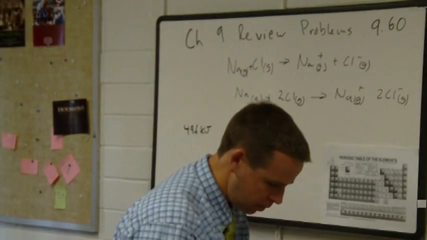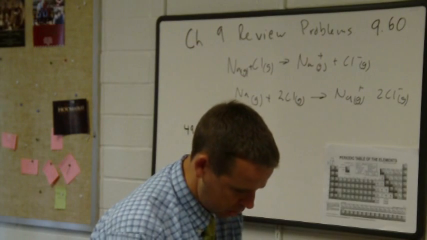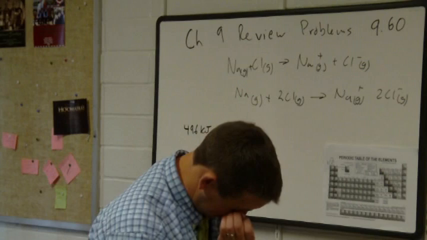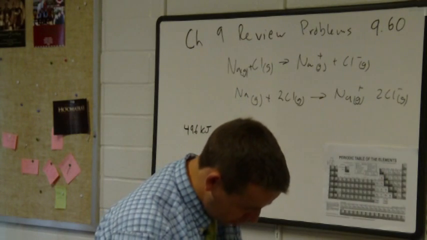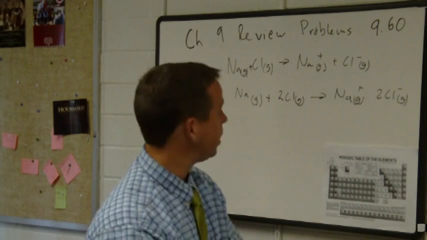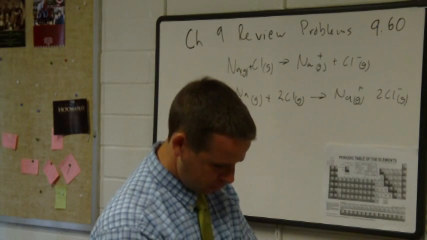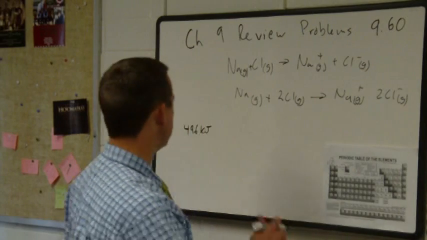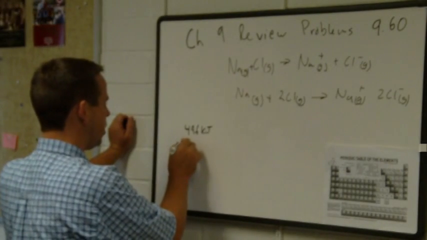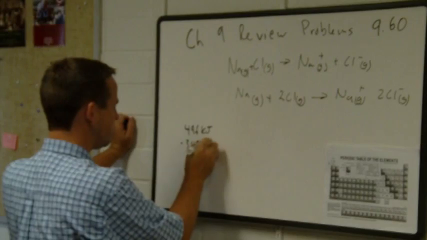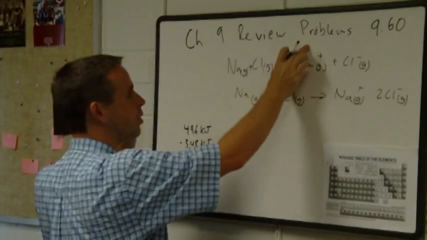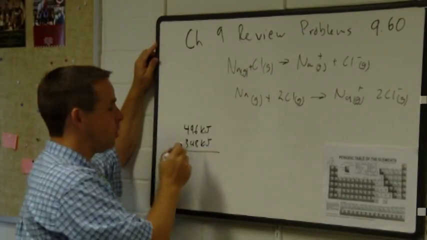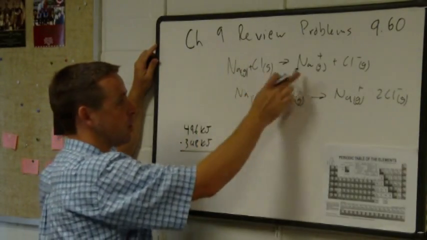For the chloride ion, that's going to be on page 348. If we give it an electron, we receive 348 kilojoules per mole. So that is negative 348 kilojoules per mole. For this reaction to occur, we expend 496 to take an electron from sodium.